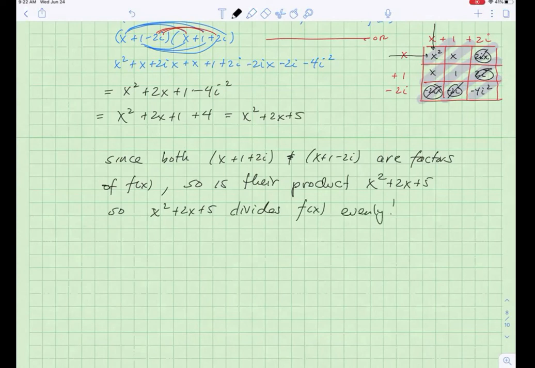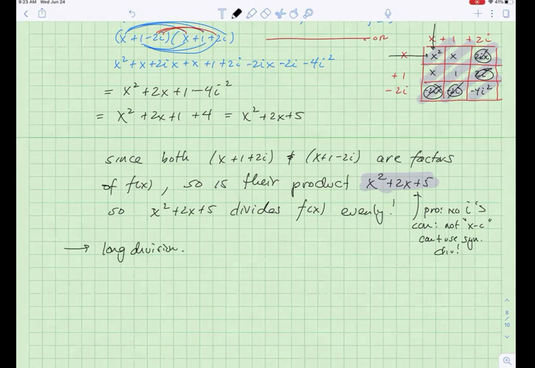Unfortunately, while this has the bonus of not having any complex values in it because we combined our conjugate pair of zeros, it is not of the form x minus c, so we can't use synthetic division. So we use long division.